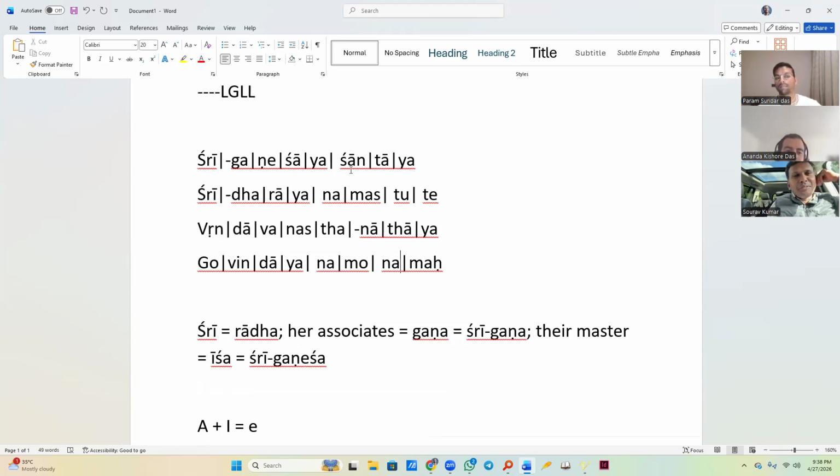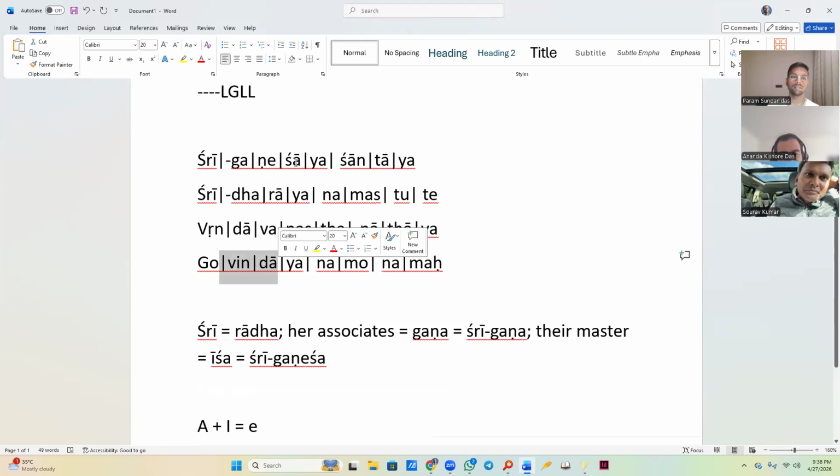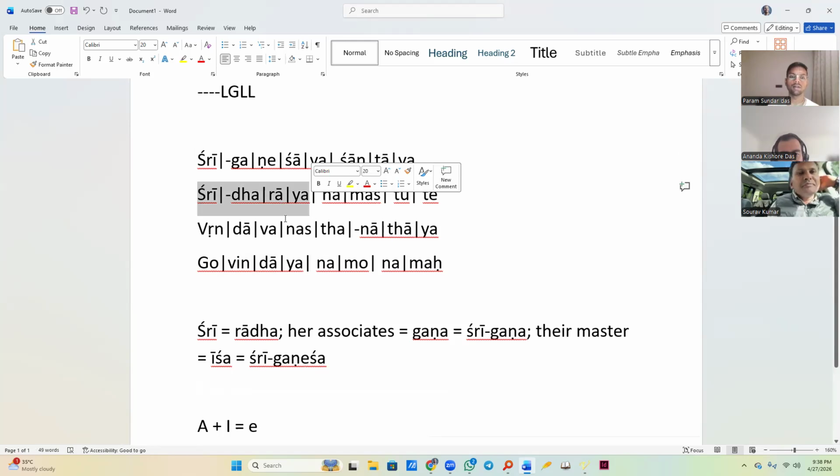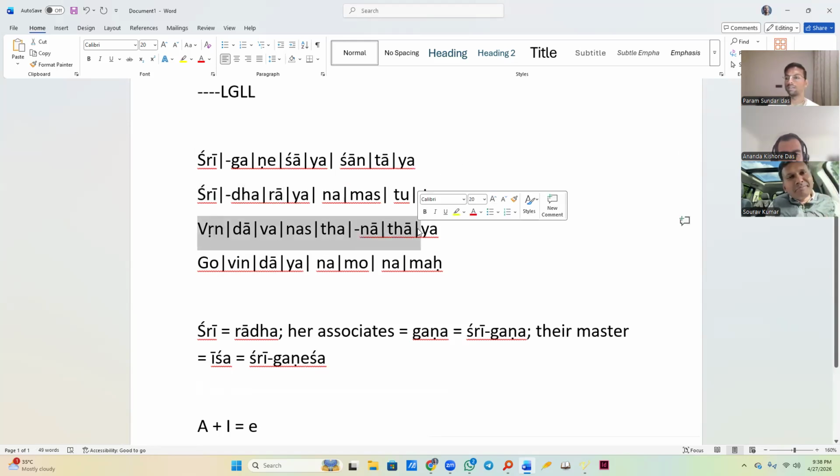What is the meaning of this verse, Prabhu? Basically, this verse means I offer my repeated profuse obeisances unto Govinda, who is Shri Ganesha, who is Shant, who is Sridhara, who is Vrindavanasthanath.